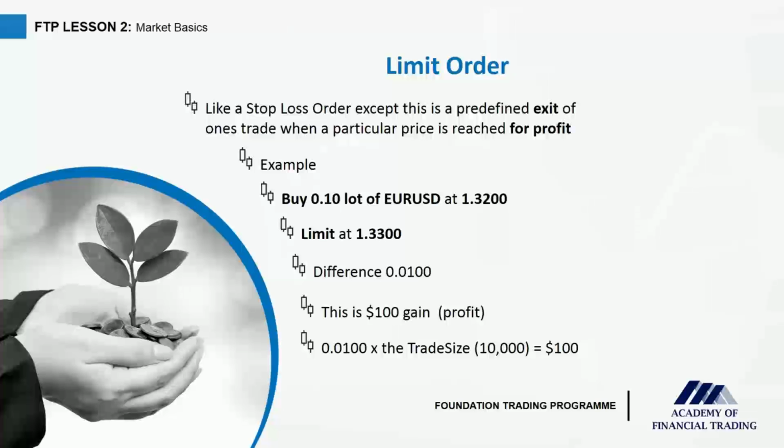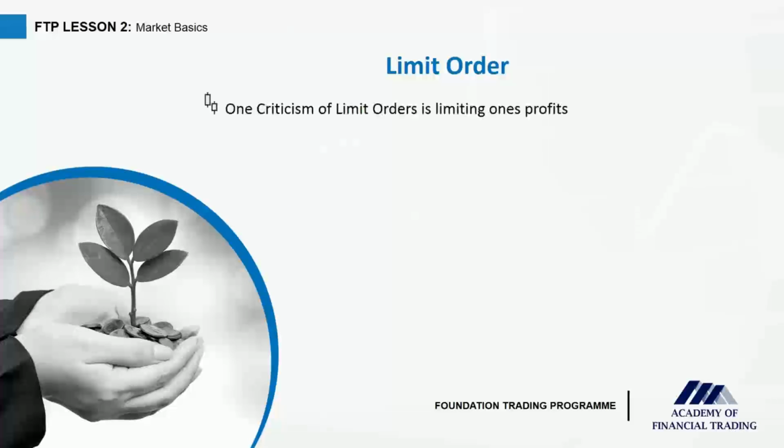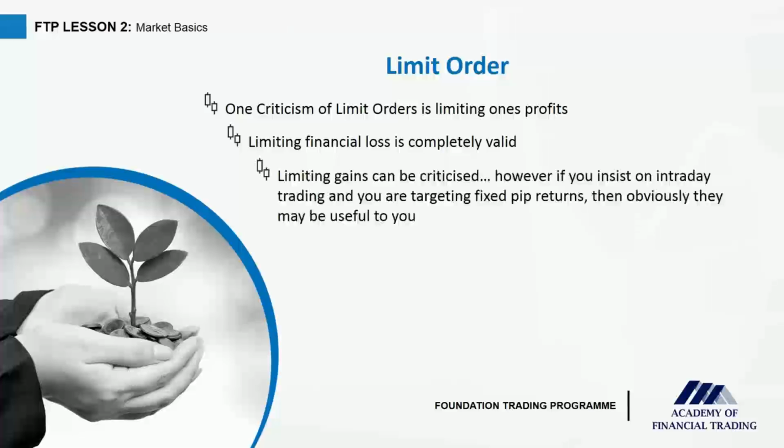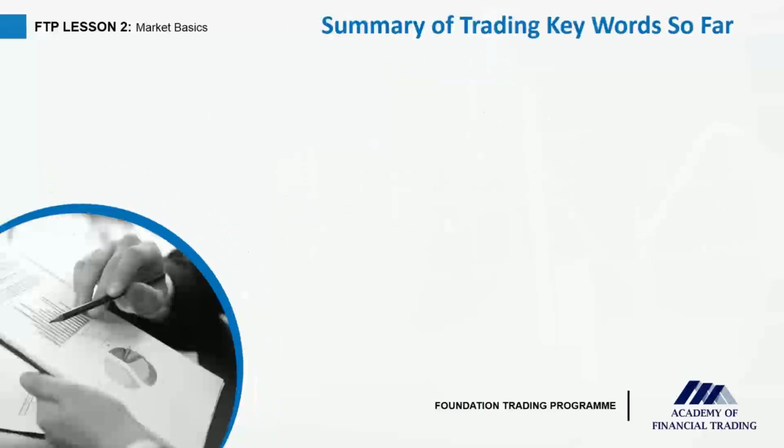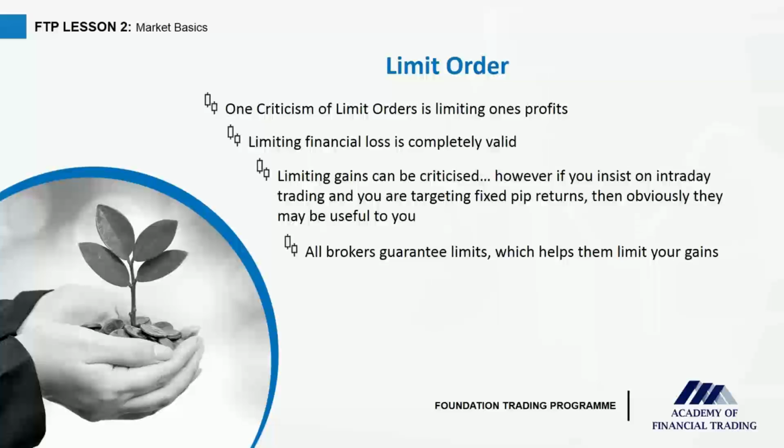So it means that we would have realized a profit and automatically exited the market if we have made $100. And these stop losses, these limit orders, they're all automatic. You place them at the time of placing the trade. It's not as if you need to be in front of your computer at all times in order to watch a market move against you or watch a market move in your favor. You simply place your trade at the same time you place your stop loss and your limit order, or one or the other, whatever the case may be, and then you can shut down your computer and walk away.